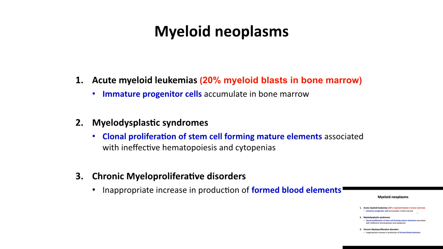There is an inappropriate increase in the production, but these appear to resemble normal, mature looking cells. And then there is the myelodysplastic syndrome, where there is a clonal proliferation of these stem cells, which leads to ineffective erythropoiesis and therefore refractory cytopenias.